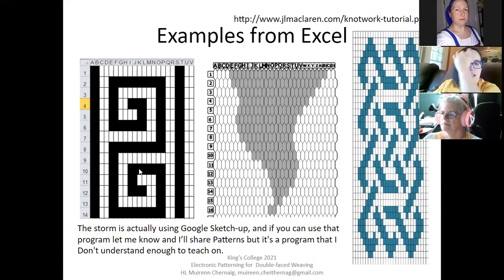These are some examples of double-faced Excel patterns. The center one was made in Google SketchUp, but it looks similar to Excel, so I put it on the slide. I am not familiar enough with Google SketchUp to teach someone how to use that program. However, if you are familiar with Google SketchUp, I would be happy to share patterns with you through that.